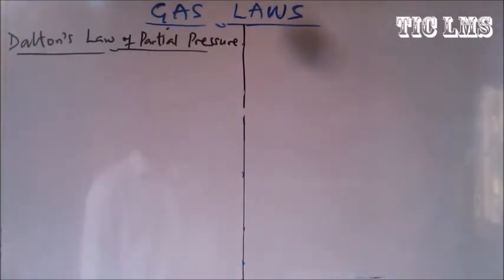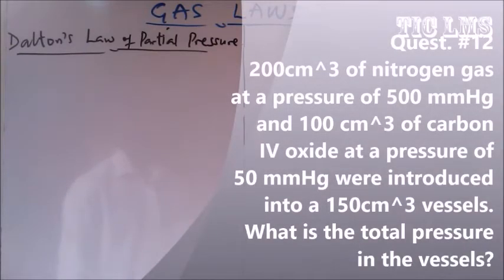First question says 200 cm cube of nitrogen gas at a pressure of 500 mm mercury and 100 cm cube of carbon 4 oxide at a pressure of 50 mm mercury were introduced into a 150 cm cubed vessel. What is the total pressure in this new vessel?